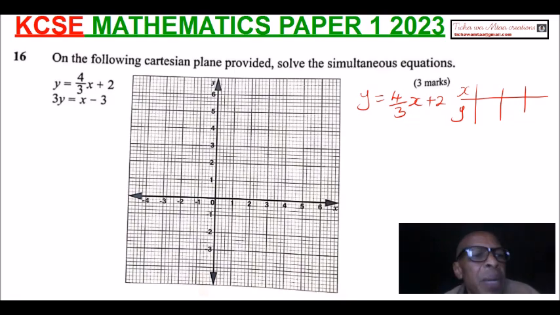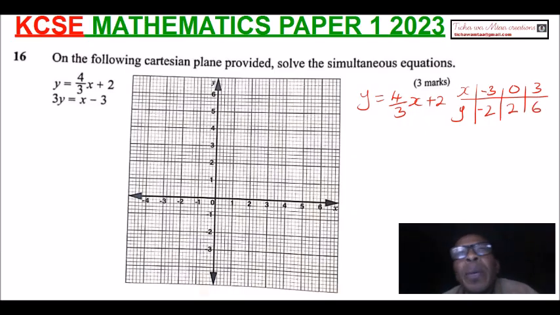We can use, say, minus 3. This will be minus 4 plus 2, and that will give us minus 2. When x is 0, y is 2, and when x is 3, then the value of y is 6.